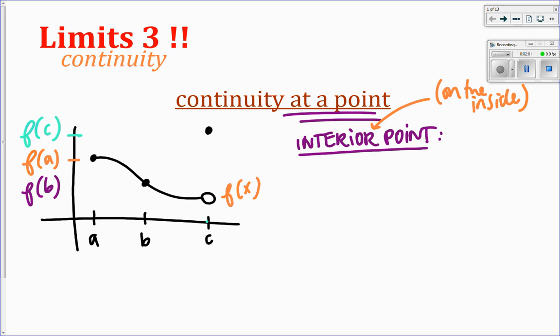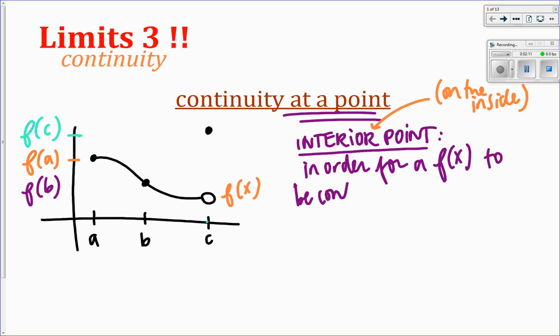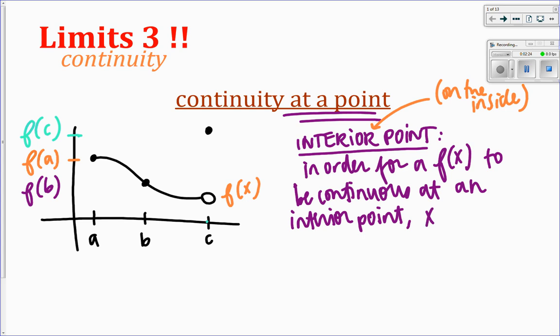Anyway, in order for a function to be continuous at an interior point, let's say x equals b, we're looking at this point right here, b. As is clear, hopefully, it is continuous. There's no breaks around b.